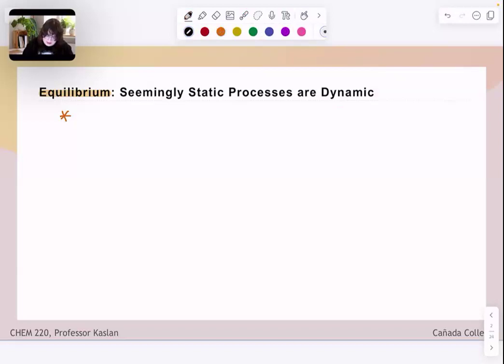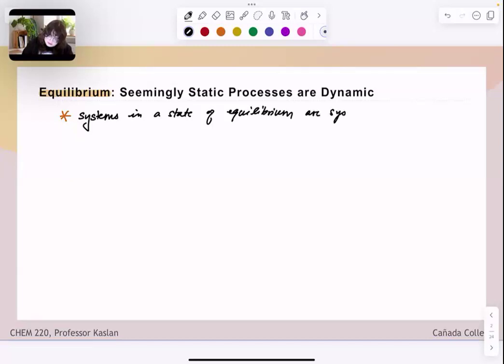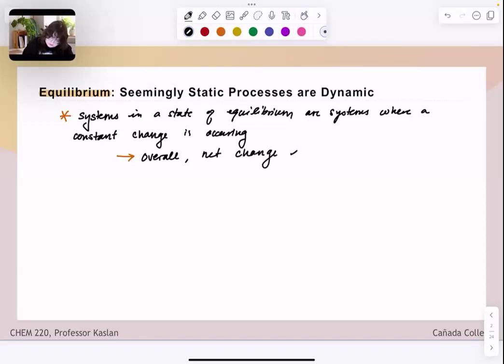So, in a state of equilibrium, systems in a state of equilibrium are systems where a constant change is occurring, but net overall, the net change is zero.